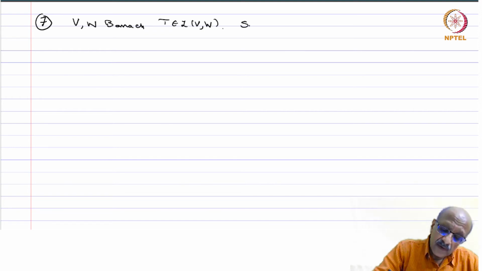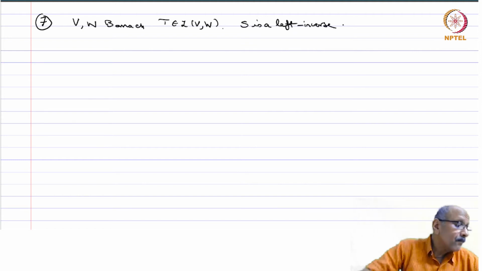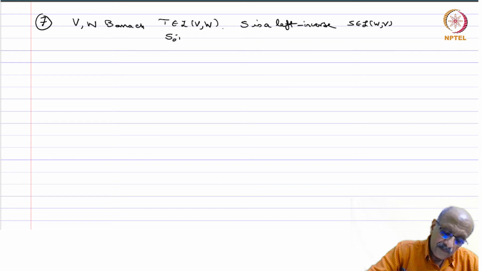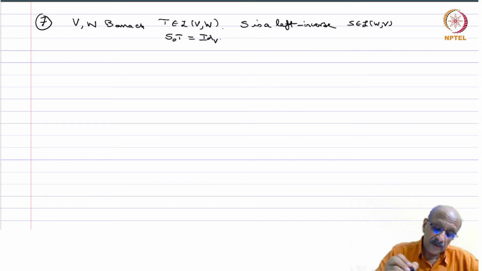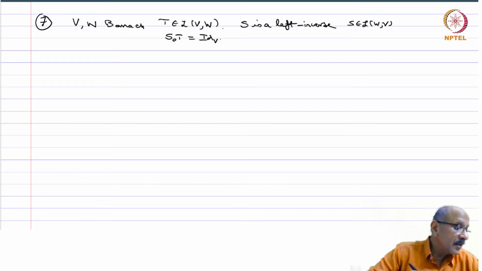So S is a left inverse means S belongs to L(W,V), and now you have S composed with T is the identity in V. Previously it was T composed with S identity in W, that is the right inverse. Now the inverse lives on the left, and so this is called a left inverse.